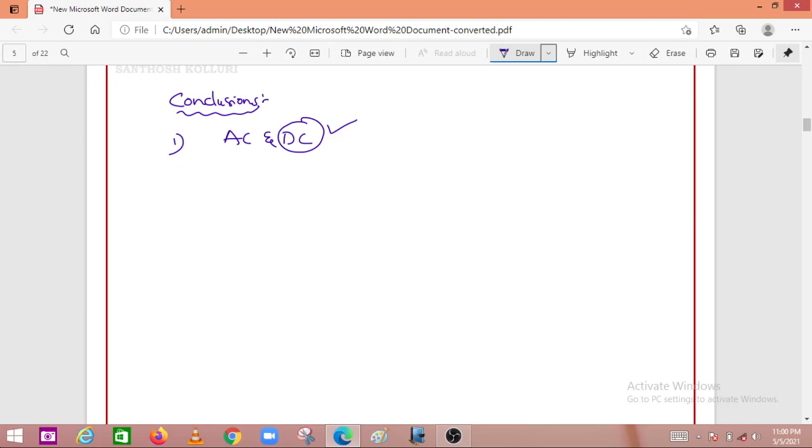So this principle has limited applications for AC system protection, because the pulsating torque produced in AC application will damage the relay contacts. So this is related to the electromagnetic attraction type relay protection system.